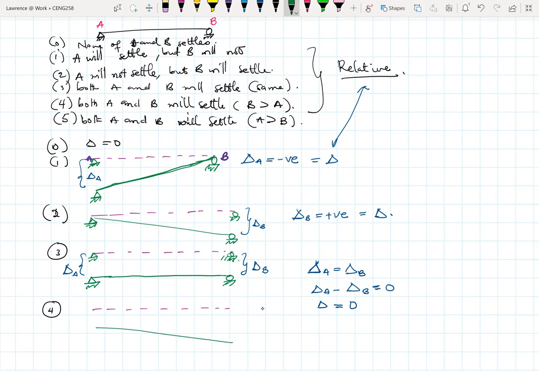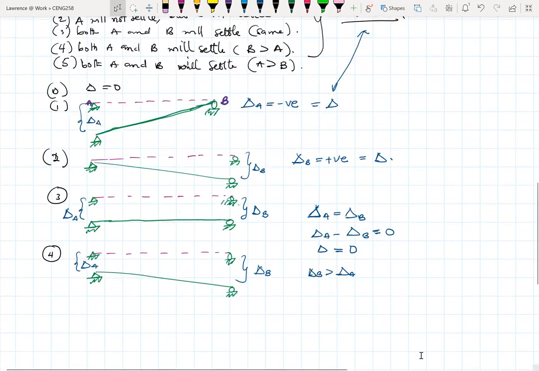So this is your B and A. Here you have your theta and delta A, and here you have your delta B. Because delta B is greater than delta A, our delta here will be equal to delta B minus delta A. And because B is on the right-hand side and it's lower, we'll end up with a positive value for delta.